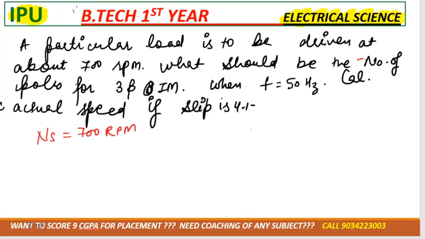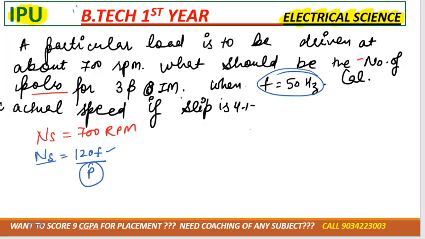Now they are asking what should be the number of poles, as I took, ns is 120 f by P. After solving we'll get 8.57.